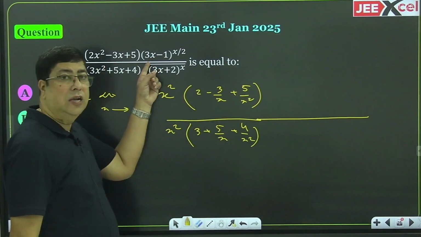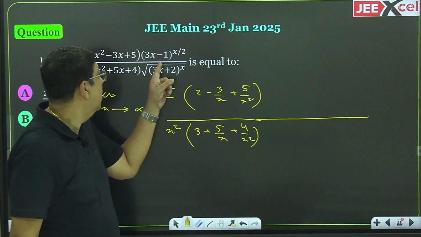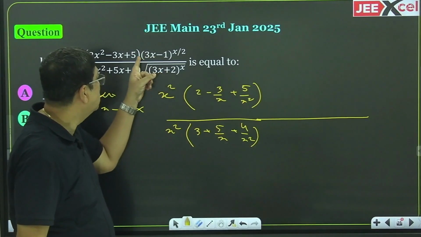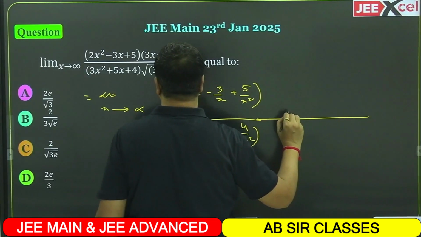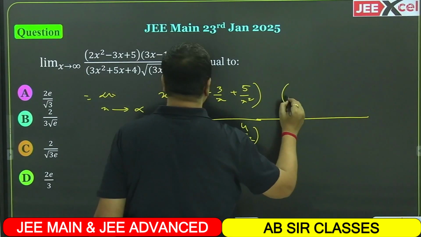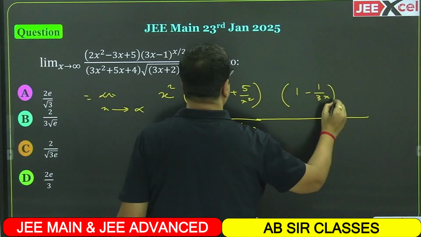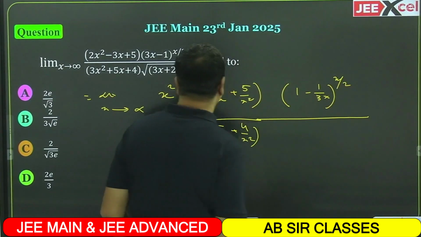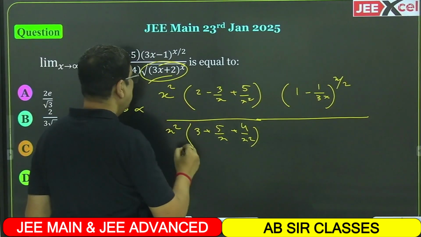I am taking 3x common from here. What is coming? It is coming out as x to the power 3/2, and I am not taking all these things, 3x to the power x by 2, so I am taking 1 minus 1 by 3x whole to the power x by 2. Similarly, what is this, everybody?